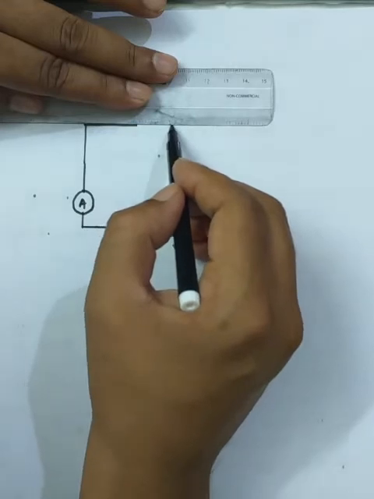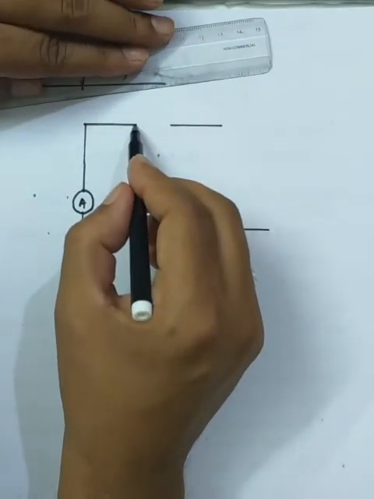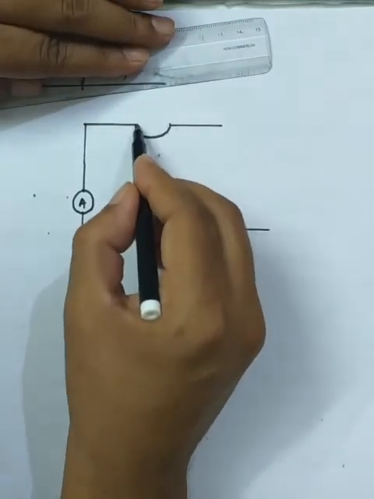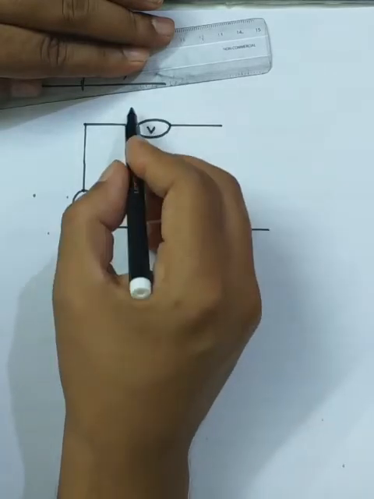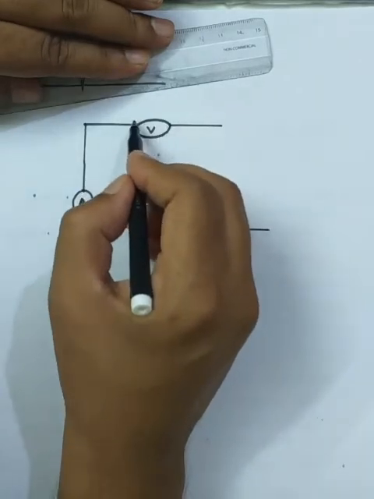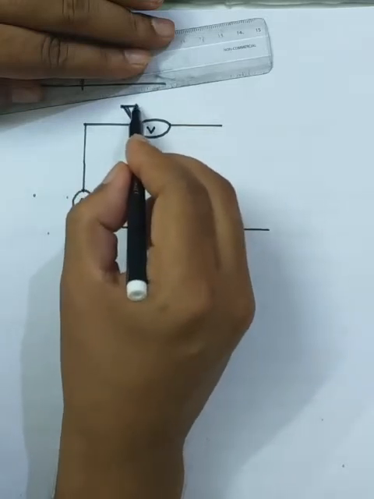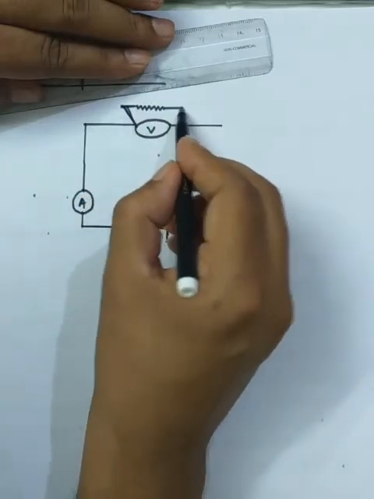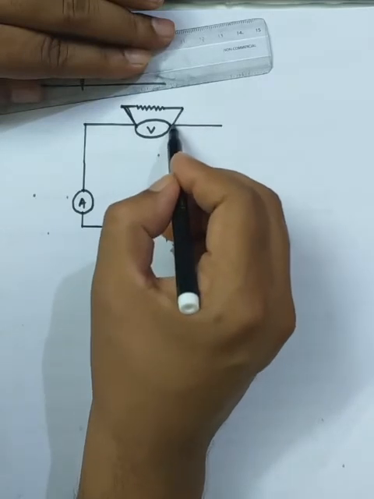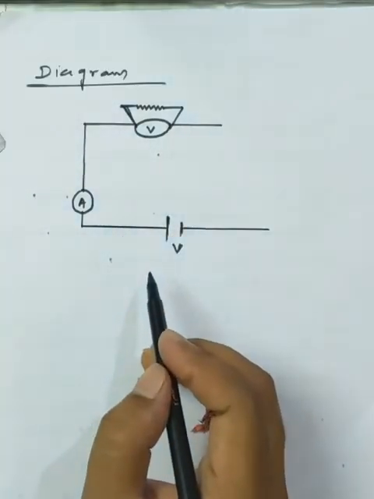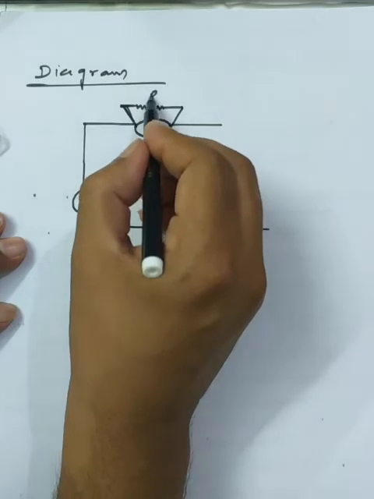So this is the V we have, and definitely across the voltmeter we are connecting the resistor, for which we want to calculate the resistance. So this is the part which I have made here. Okay, so this is R we have.